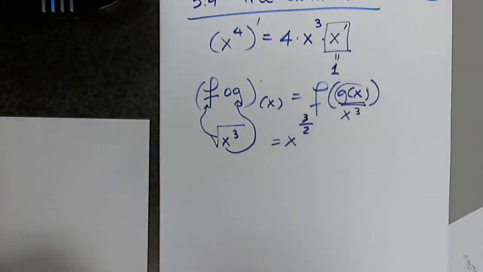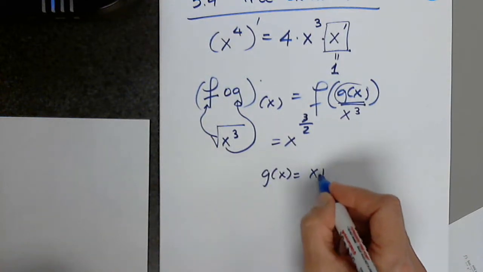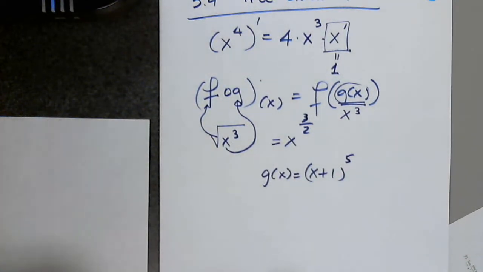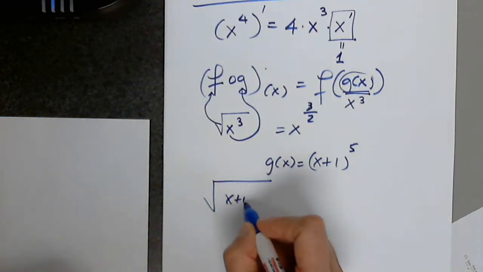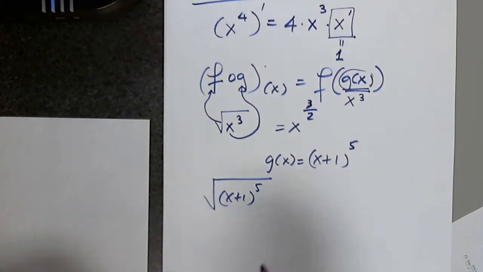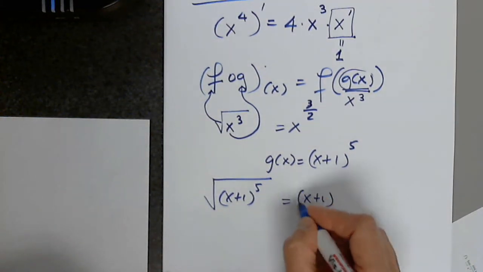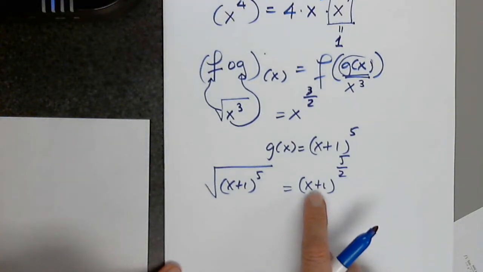Now, what if I have this function? What if my g now is x plus 1 to the 5th power? And I want to differentiate the square root of x plus 1 to the 5th power. You could say no problem, x plus 1 to 5 halves. But I still have another function in here.